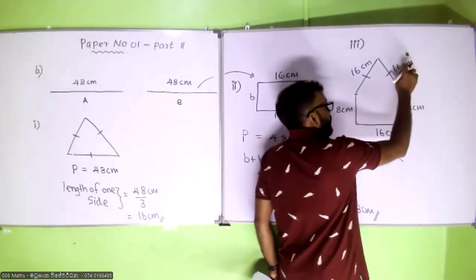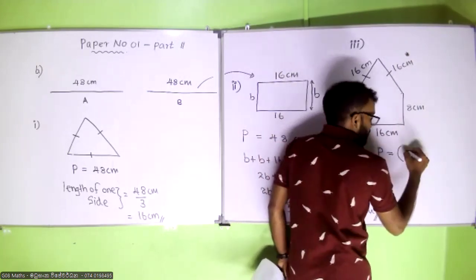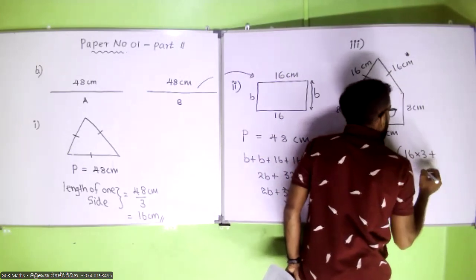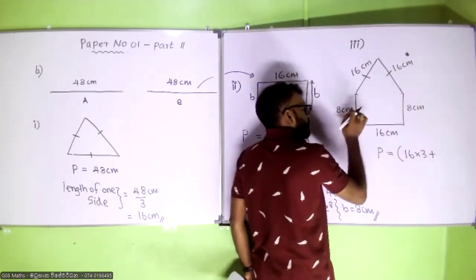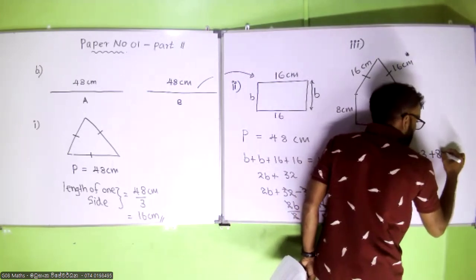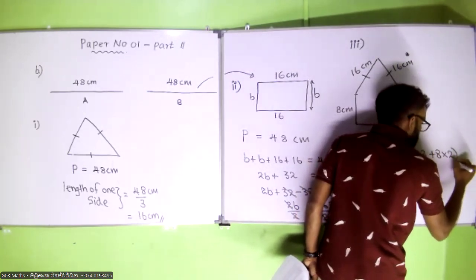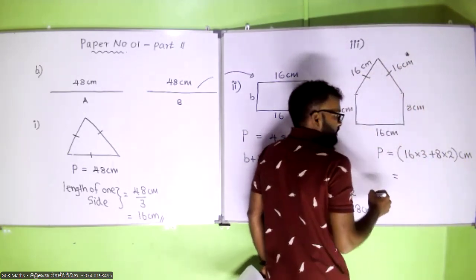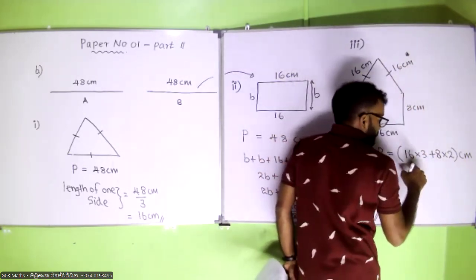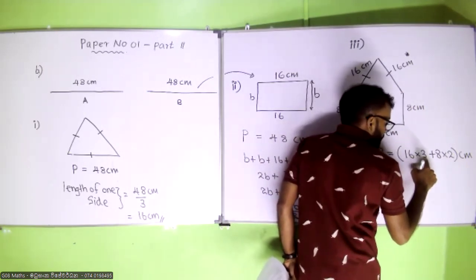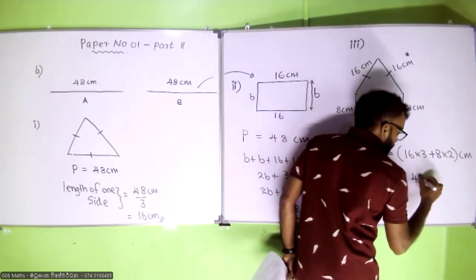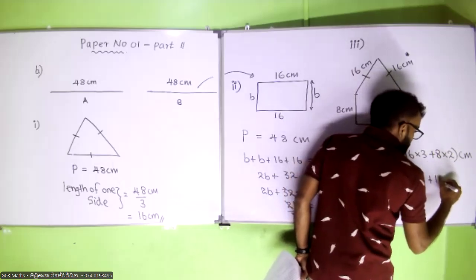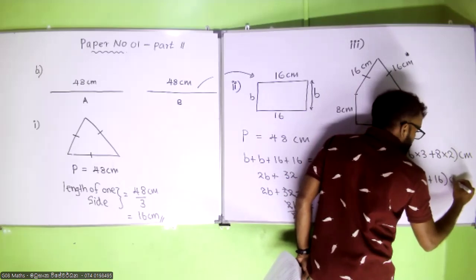How many 16s are there? 1, 2, 3. 16 multiplied by 3, plus how many 8s are there? 1, 2. 8 multiplied by 2 centimeters. 16 multiplied by 3 is 48, plus 8 multiplied by 2 is 16 centimeters.